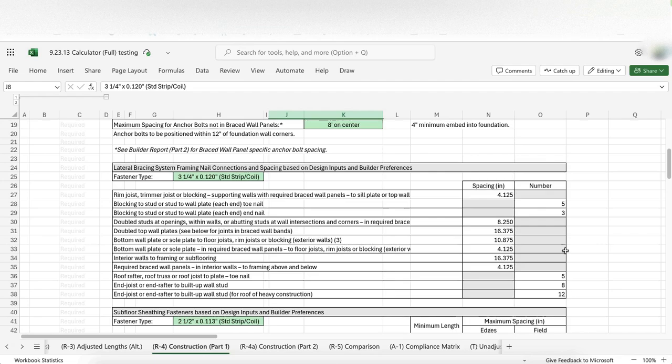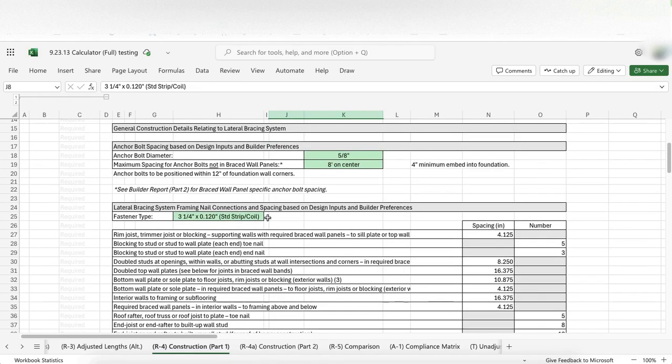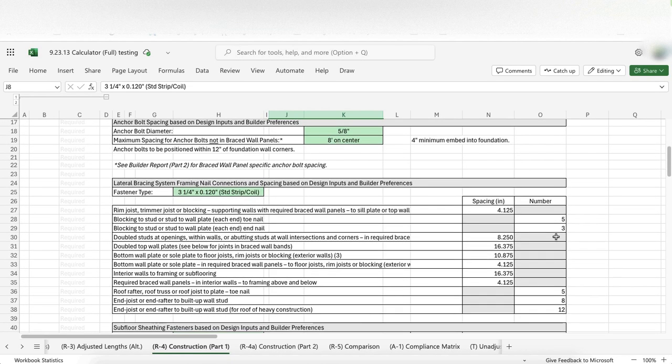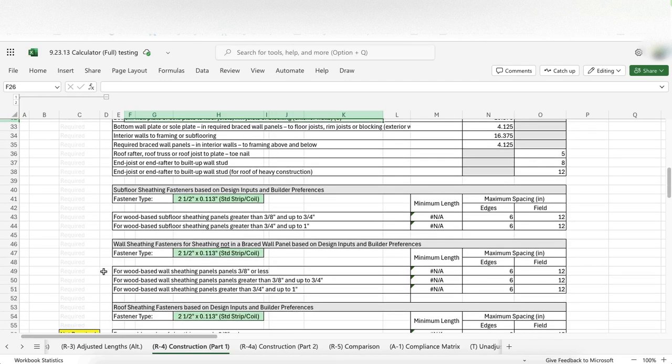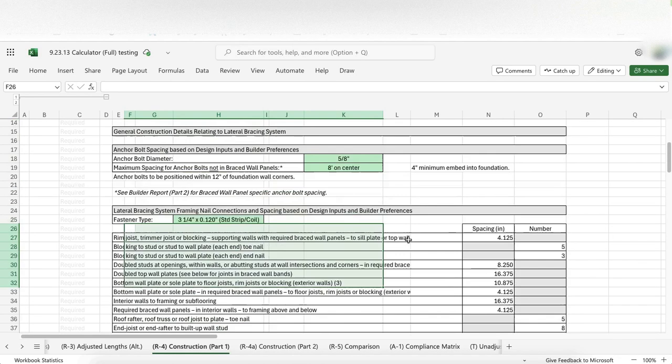I don't know how much people are regulating for this, or how much of a real factor it would be, or even if the logic that I'm using here to make these adjustments is appropriate. I feel pretty confident that it is appropriate for these framing nails, but as we move into the wall sheathing types, I have some questions about it for sure.